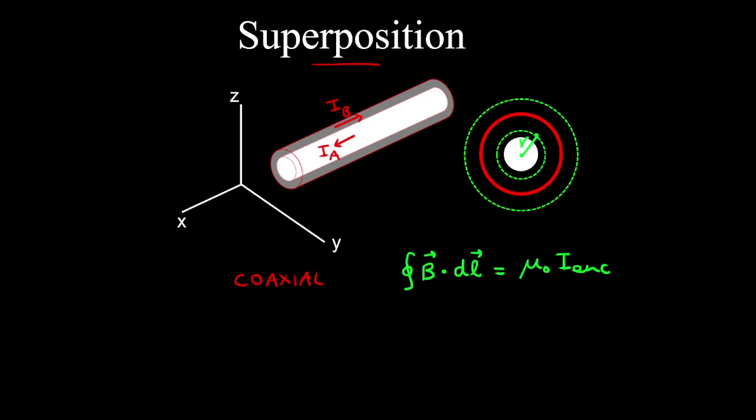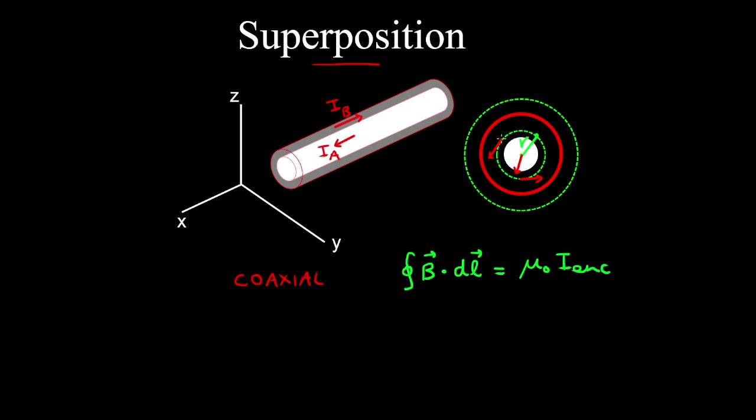So in this case, our Amperian loop will be a closed circle, and as we said, the current is flowing in the x direction, so it's flowing out of the screen. We're looking at this cross section of the cable. So therefore, by the right hand rule, the magnetic field vectors are going to be tangent to this circular path and have a constant magnitude.